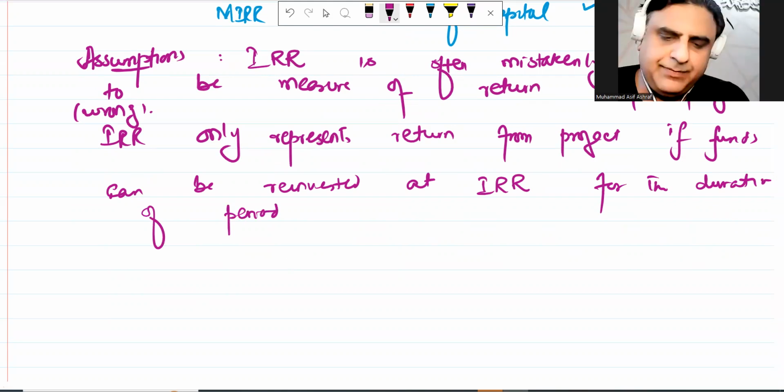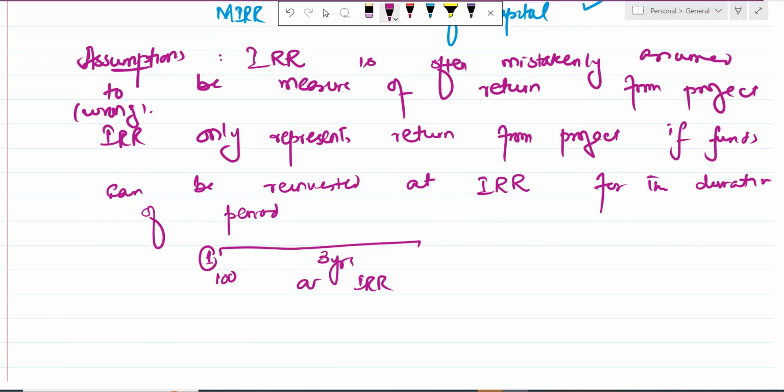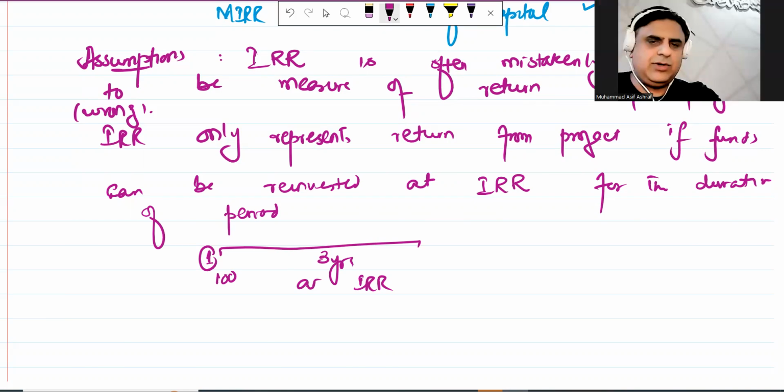For example, in year 1 you have a cash flow of 100. It will be reinvested for the next 3 years at IRR. So this is the assumption of IRR. IRR is using this assumption. Now we have to check whether this assumption practically holds true.